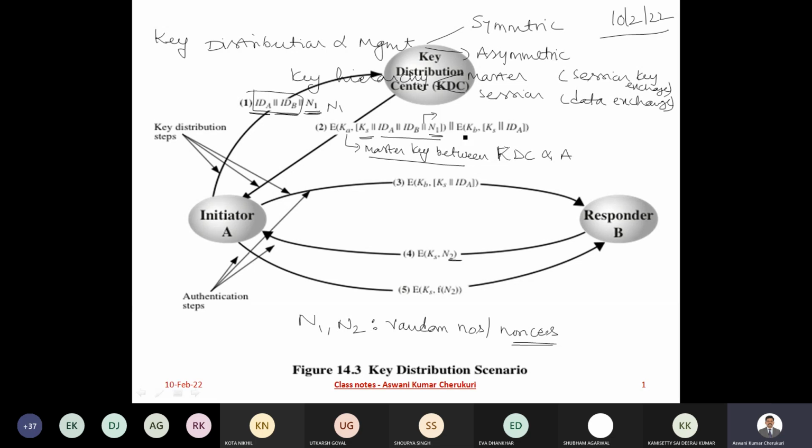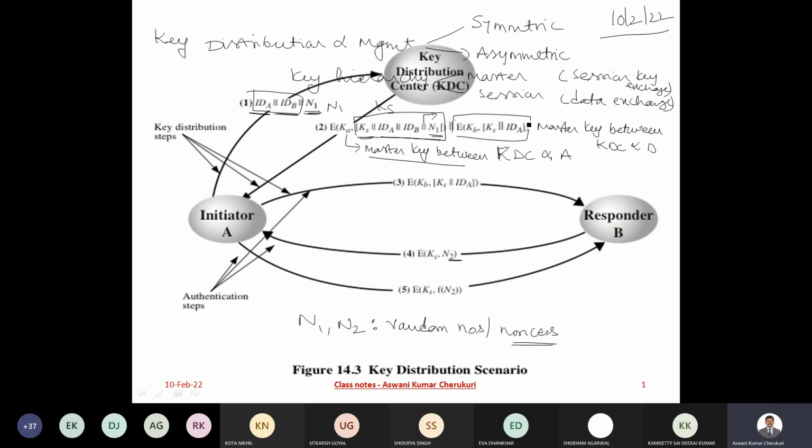In addition to that, there is one more encrypted piece. This piece is encrypted with the help of the master key between KDC and B. Now A gets this by decrypting the entire message with the master key between A and KDC, and A gets the KS.